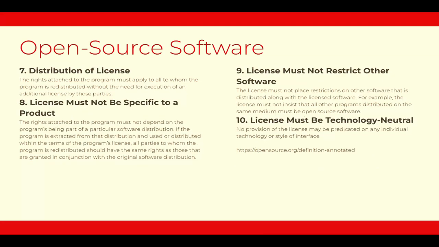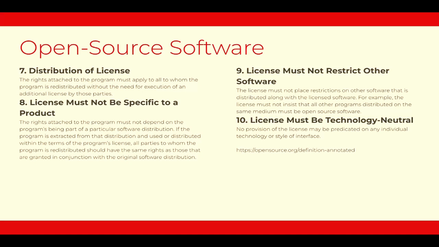Distribution of license. This is an interesting one, but all it really means is that if I make this code and I give it to you, you automatically have the right to give it to somebody else with the license. They don't have to come back to me and say, can I have the license too? And then it can't restrict other software.